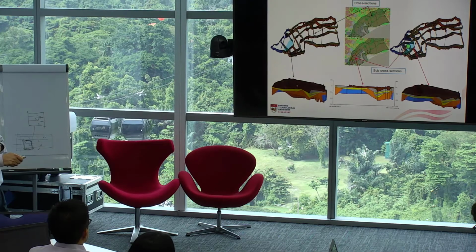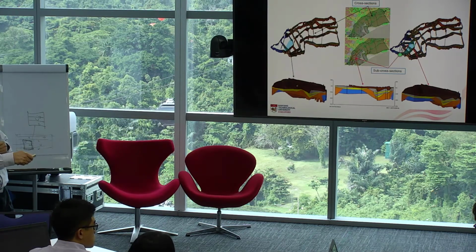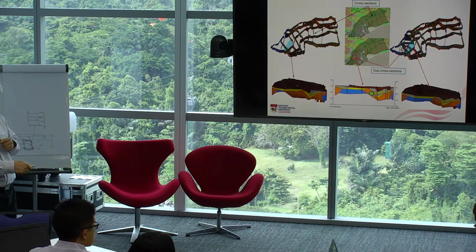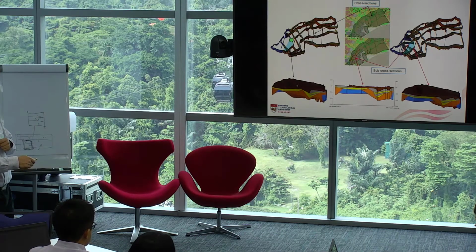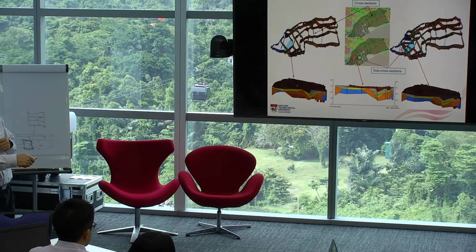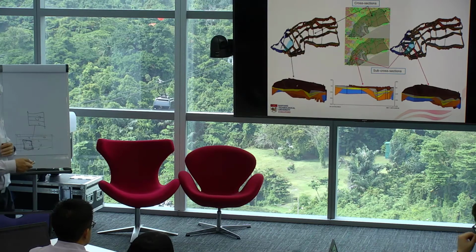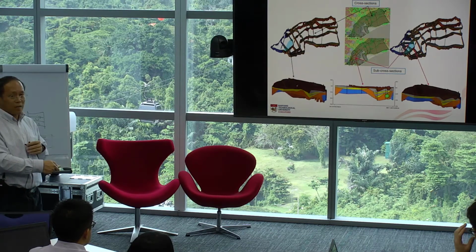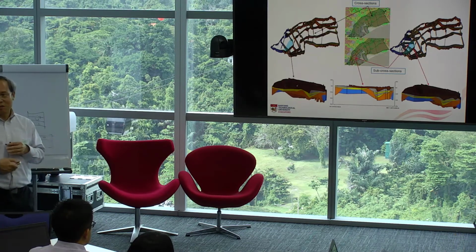If we can have some additional fence diagrams constructed as shown over here, then the cross-section can be much different, as you can see from here. This is the cross-section from here for the old model, and this is the cross-section after some additional fence diagrams have been added in. So basically, it just shows your model can only be as reliable as the availability of the data.